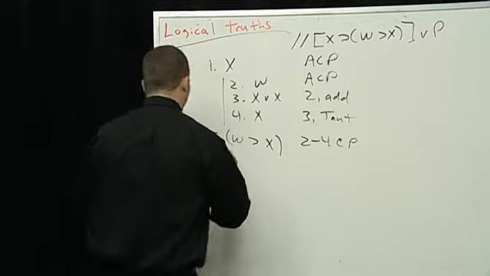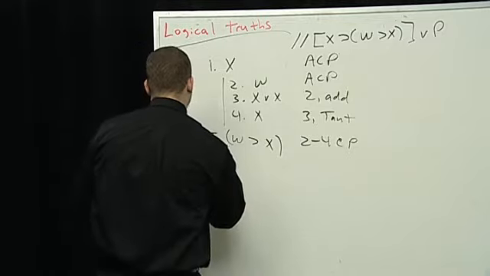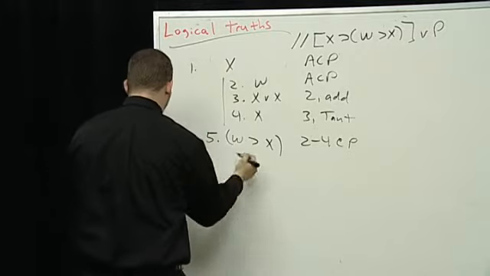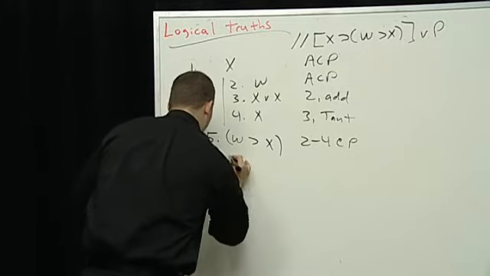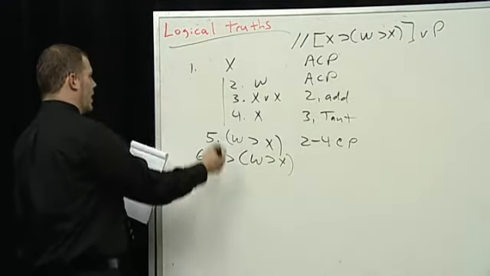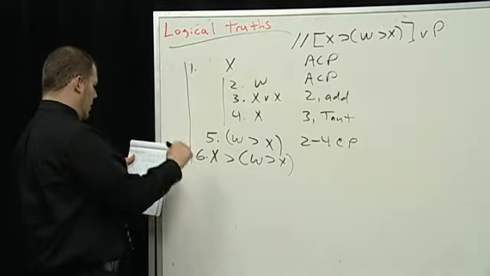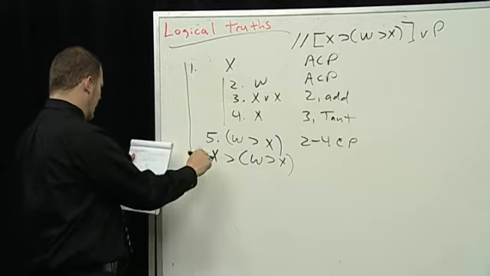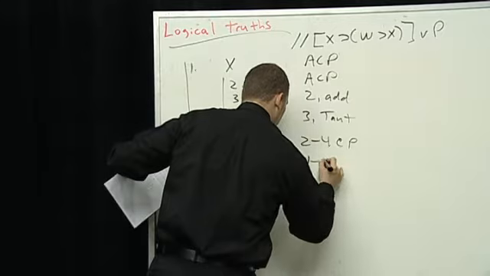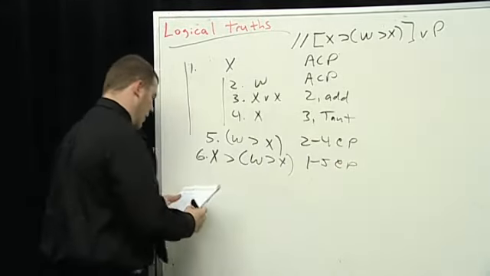So we drop back out. X implies W implies X. This is coming from 1 through 5, conditional proof.